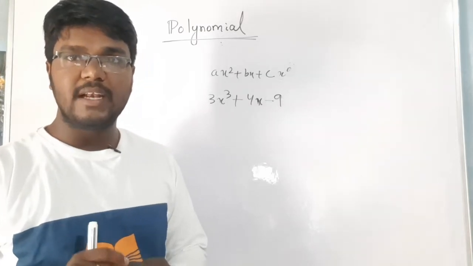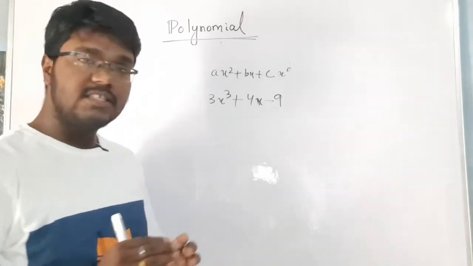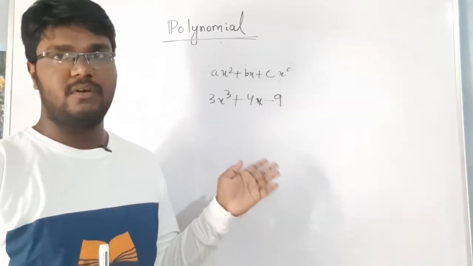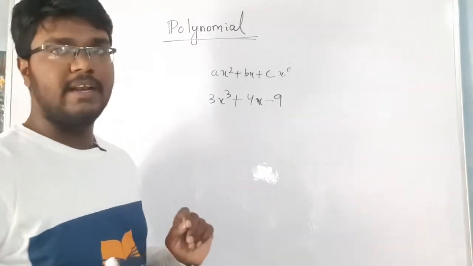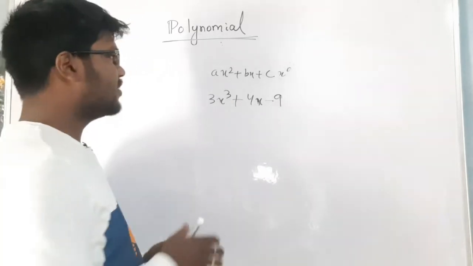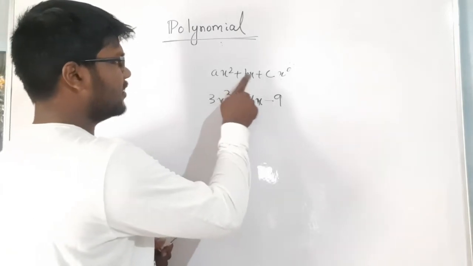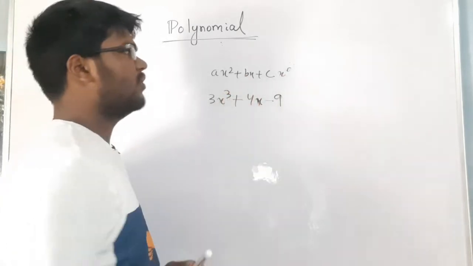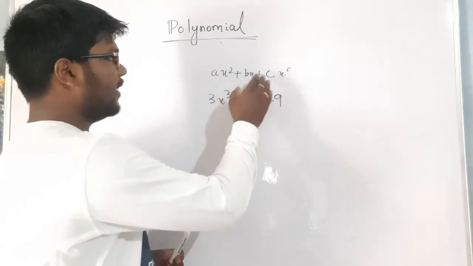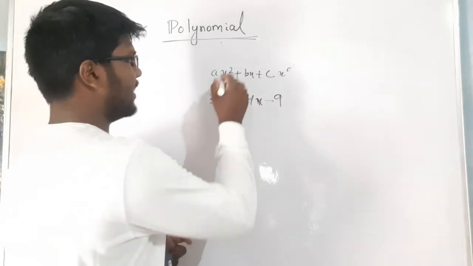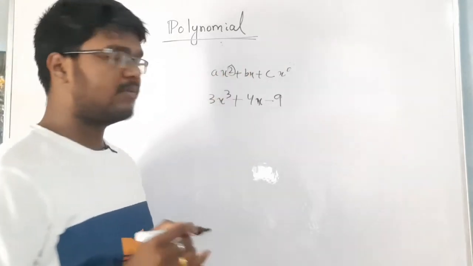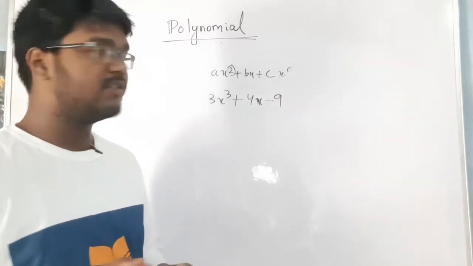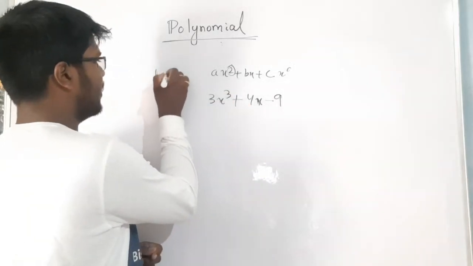Degree of the polynomial means the highest power of the variable present in the polynomial. You see here is x, here is also x, and in this term also x, but the highest power of x here is 2. So the maximum value of the power of the variable is known as the degree of the polynomial.